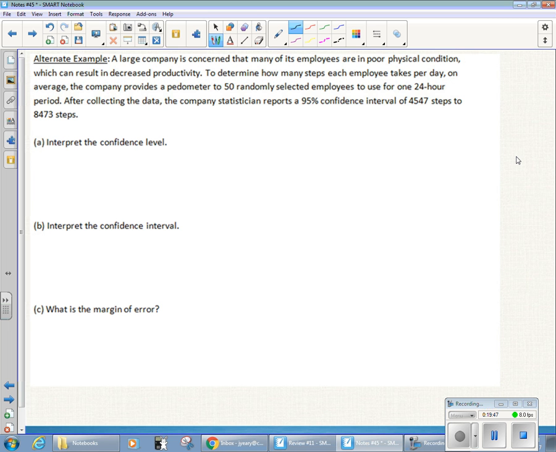A large company is concerned that many of its employees are in poor physical condition, which can result in decreased productivity. To determine how many steps each employee takes per day on average, the company provides a pedometer to 50 randomly selected employees to use for one 24-hour period. A lot of words there basically to tell us they sampled 50 people with these pedometers.